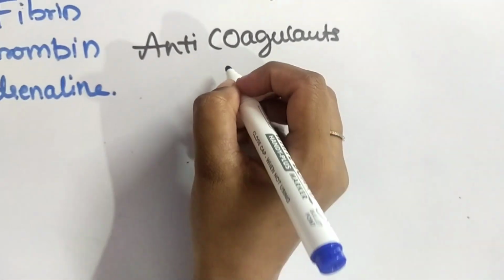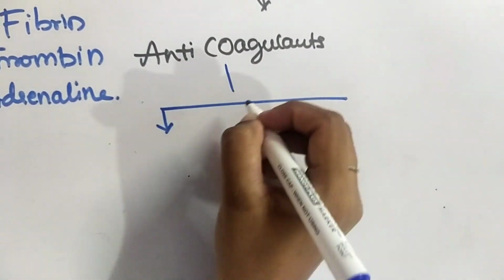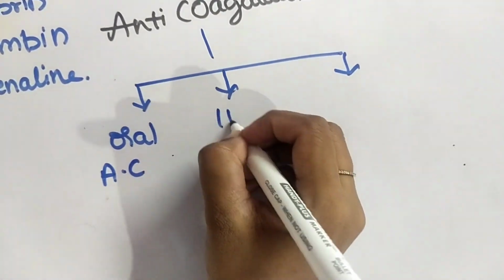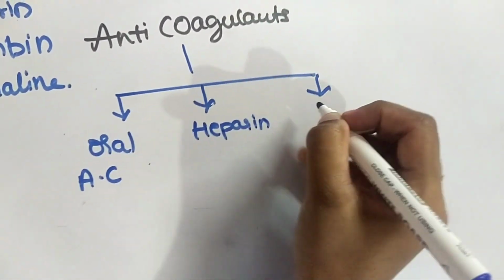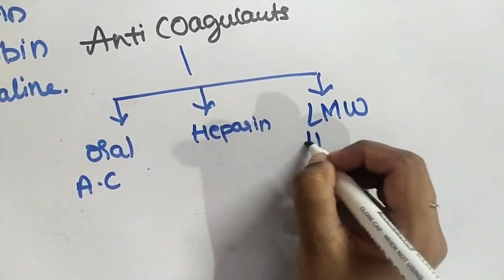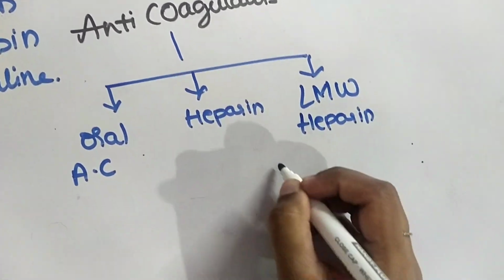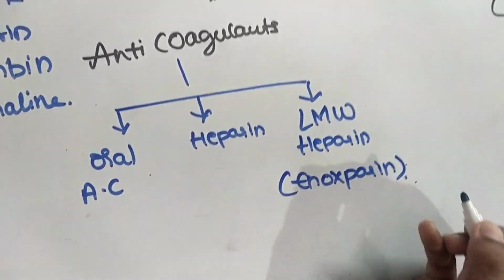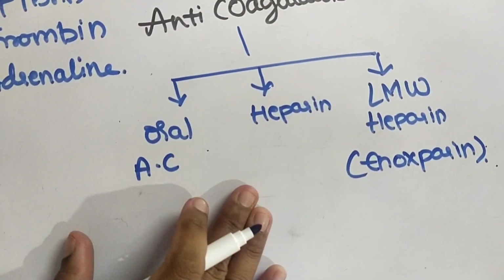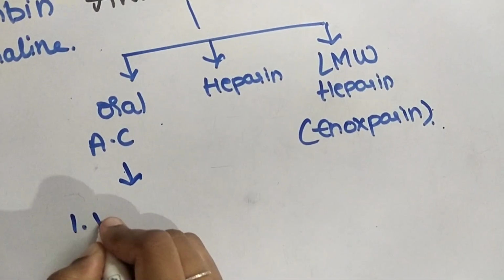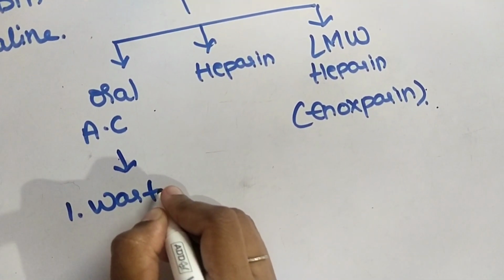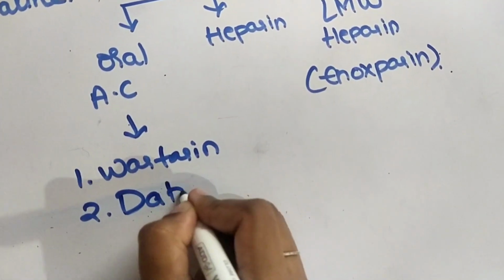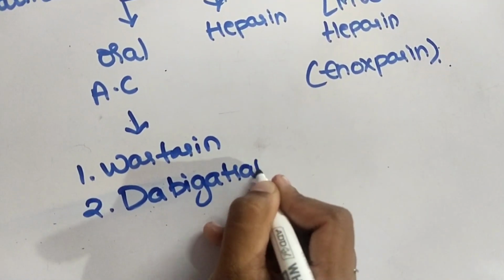In anticoagulants, we again divide this into 3 parts, which are oral anticoagulants, heparin, and low molecular weight heparin, also called enoxaparin. Among the oral anticoagulants, we have warfarin and dabigatran.